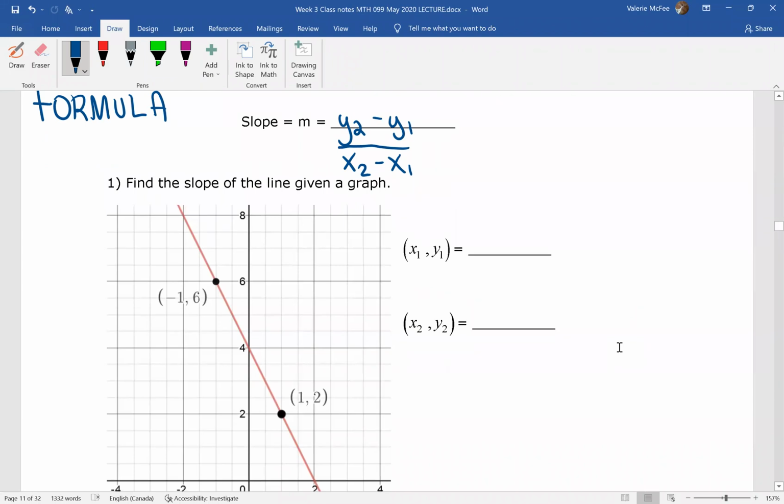So we're asked to find the slope of a line given a graph. Well, we have 2 ordered pairs here. And it doesn't matter if I choose this to be x1, y1, and this to be x2, y2, or if I choose to reverse it. What's important is that we label our points so we don't get confused.